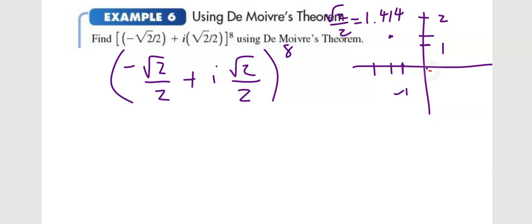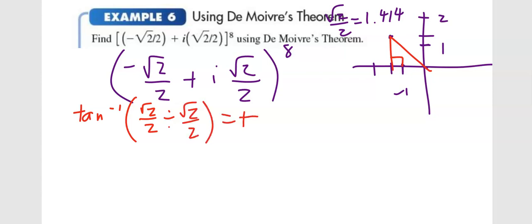All right, so we need to look at this triangle. It is a 45, 45, 90 right triangle, for those of you who can see that the opposite and adjacent sides are exactly the same length. But if you didn't know that, we can do the tangent inverse of radical 2 over 2, opposite over adjacent, which is tangent inverse of 1.